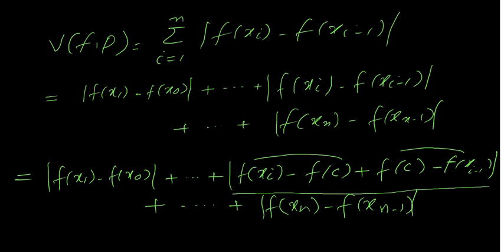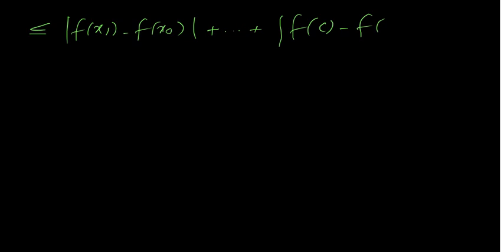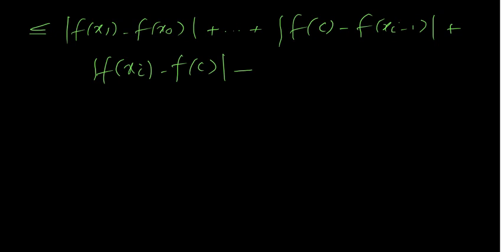This is less or equal to mod of f of x1 minus f of x naught, plus mod of f of c minus f of xi minus 1, plus mod of f of xi minus f of c, plus the nth term, f of xn minus f of xn minus 1.